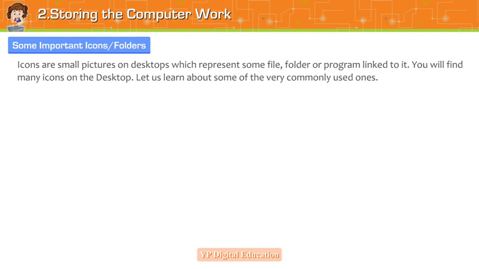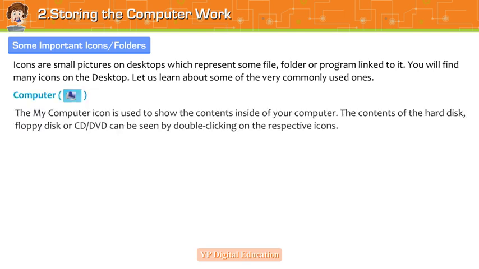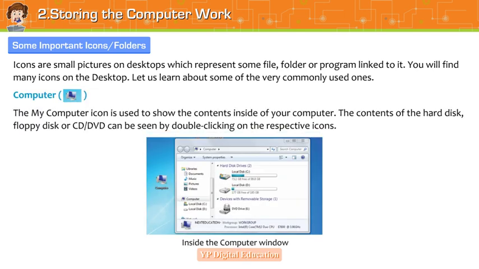Some important icons. Folders. Icons are small pictures on desktops which represent some file, folder, or program linked to it. You will find many icons on the desktop. Let us learn about some of the very commonly used ones. Computer. The My Computer icon is used to show the contents inside of your computer.